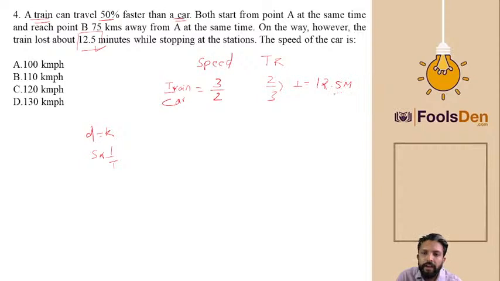Now we need to find the speed of the car. The car has traveled a total distance of 75 kilometers in 12.5 into 3 minutes. Quite clear to everyone?